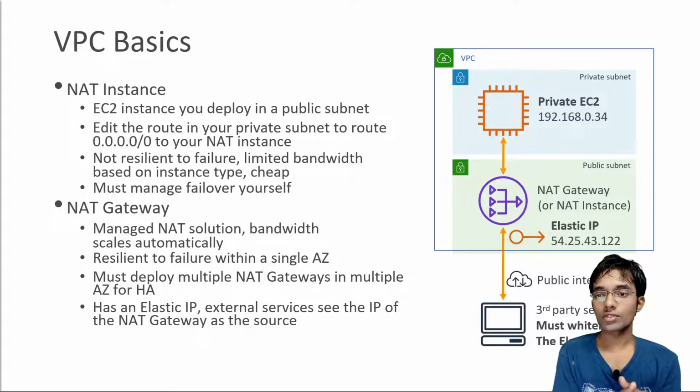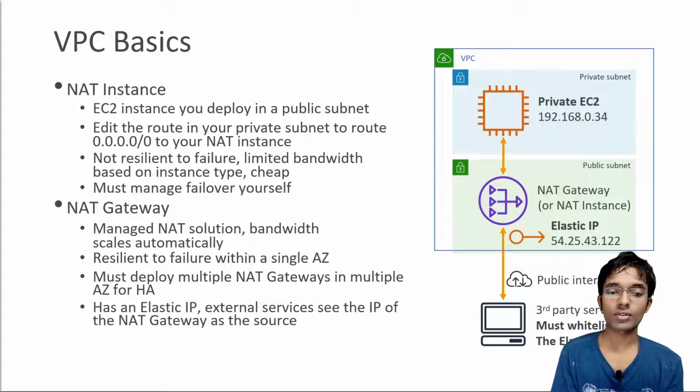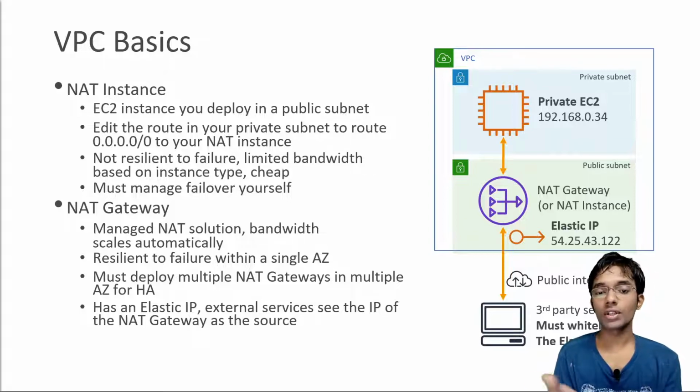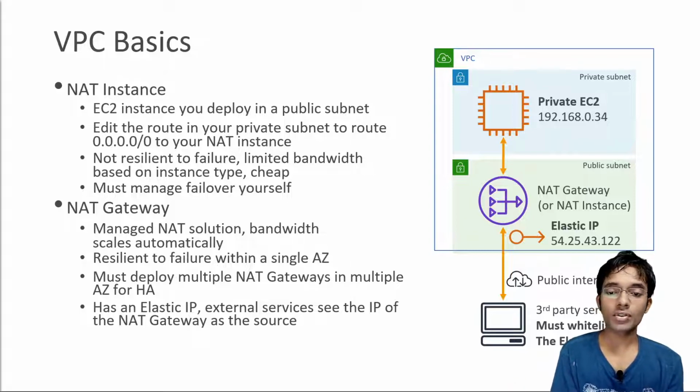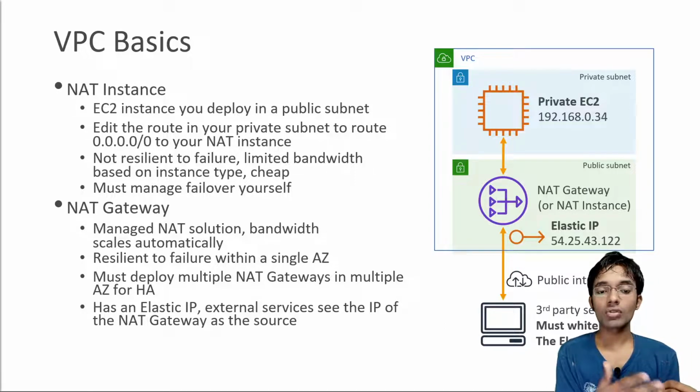So a NAT instance is an EC2 instance that you are going to deploy within a public subnet, and then, as I said, you need to update the routes in your private subnets to route 0.0.0.0/0 all traffic directly into your NAT instance. The idea is that the traffic will be going through the NAT instance into the internet gateway and into the internet.